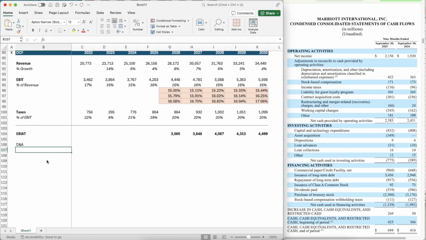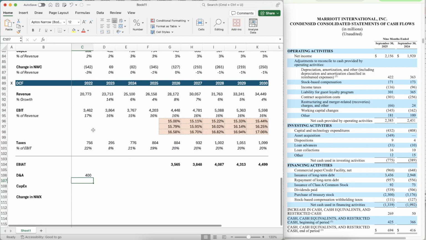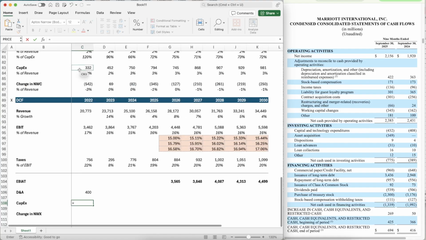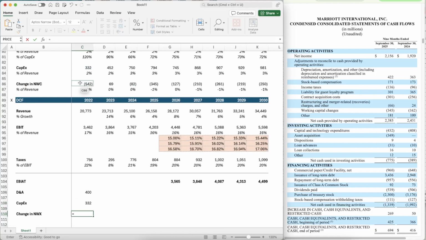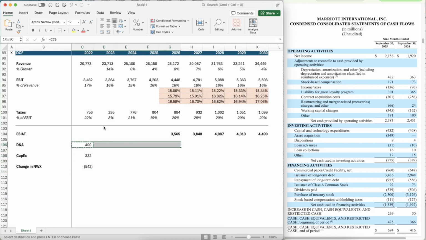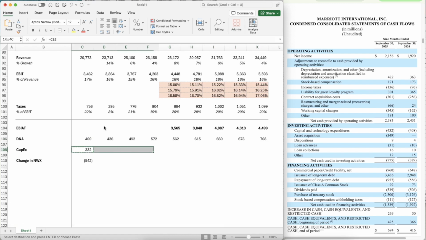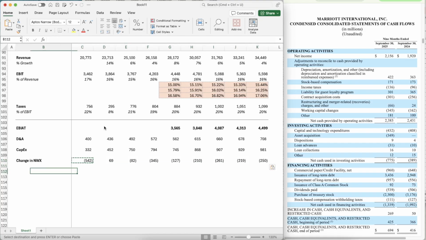Then down here, we want the DNA, the capex, and the change in net working capital. Put this equal to your DNA, but this one equal to your capex. This one to the change in net working capital, and just pull these along.